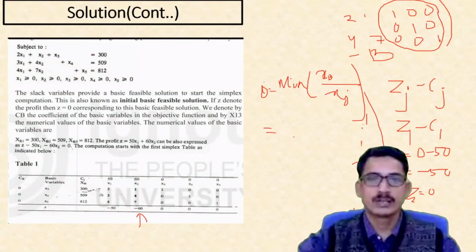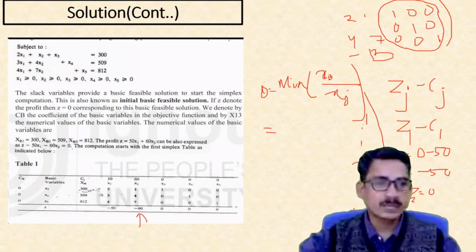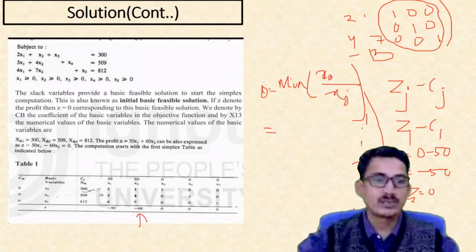Next, which one is the xb column? Now this is the xb column. First is 300. xj means the one you got as incoming. Incoming is what? x2. Now divide each element of x2 with the xb column.